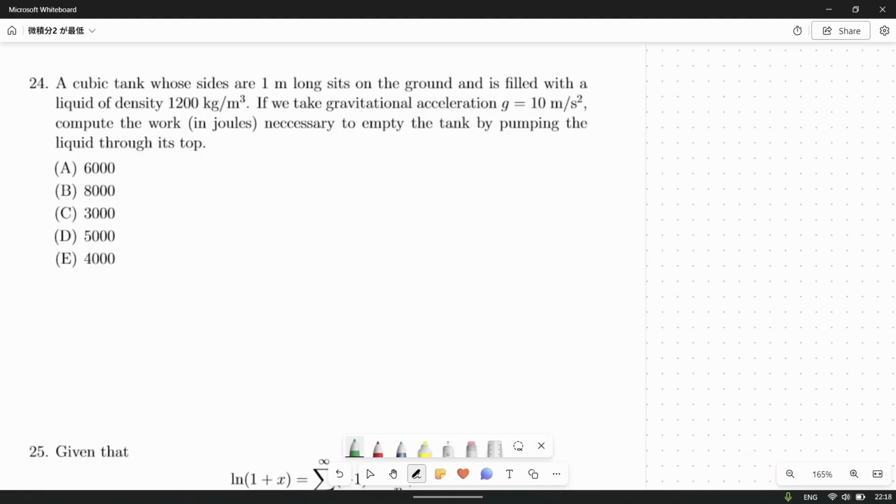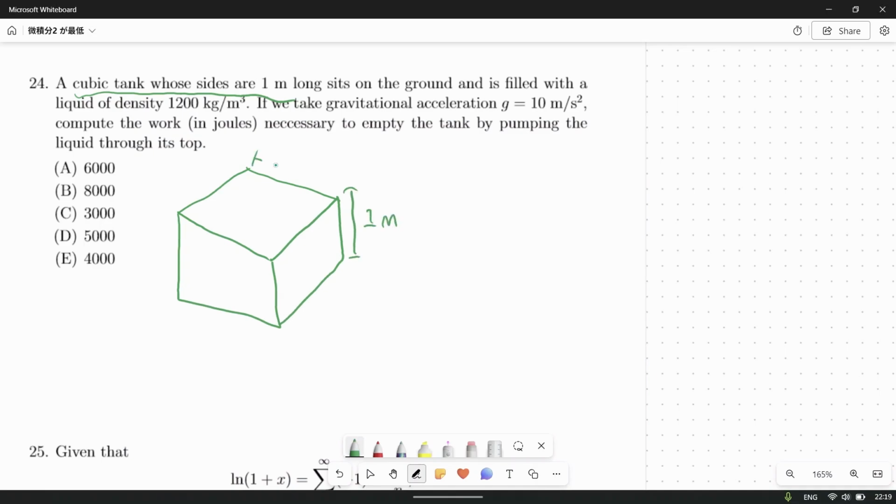So to start, I'm going to visualize what our system is going to look like. It says that we have a cubic tank whose sides are 1 meter long. And so you'd end up with something that looks like this, this would be our tank. And since it's a cube, each side is going to be 1 meter long.